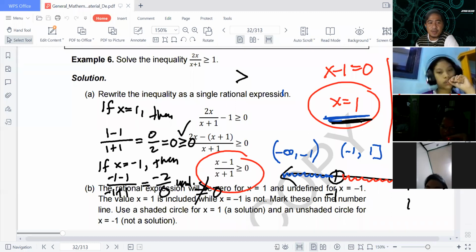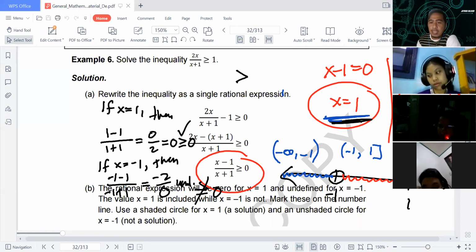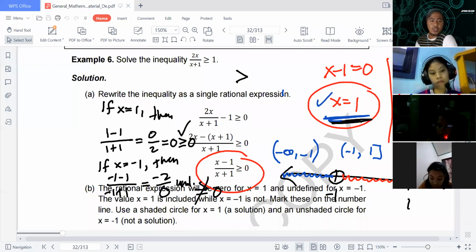The last one we read as half open interval from negative 1 to positive infinity. Okay, now we are done determining the intervals. Again, we determine these intervals using these values. Okay? Class? Yes, sir.